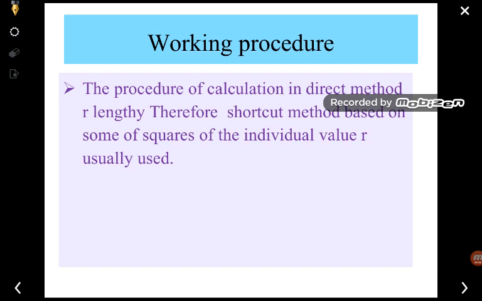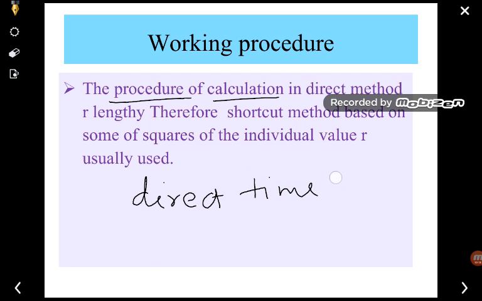Now coming to the working procedure. The procedure of calculation in the direct method is lengthy. If we follow the direct method, it is so lengthy as well as time consuming, and it is not popularly practiced for all purposes.